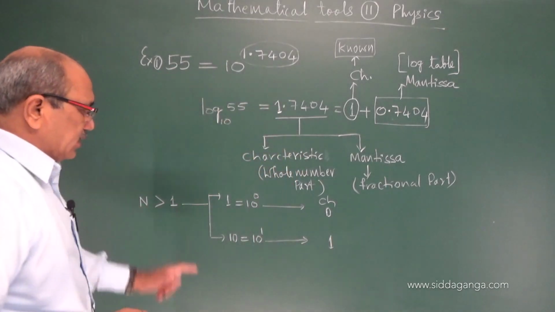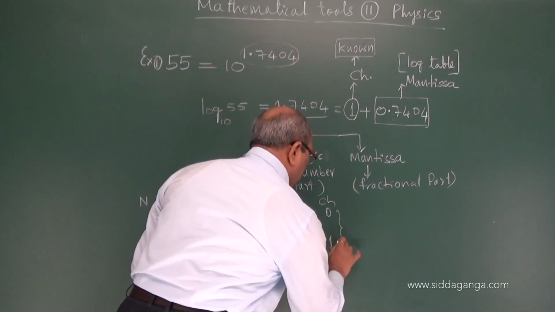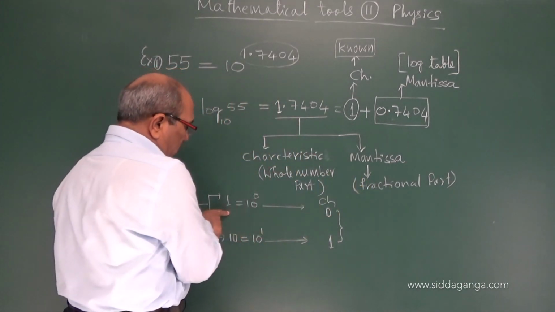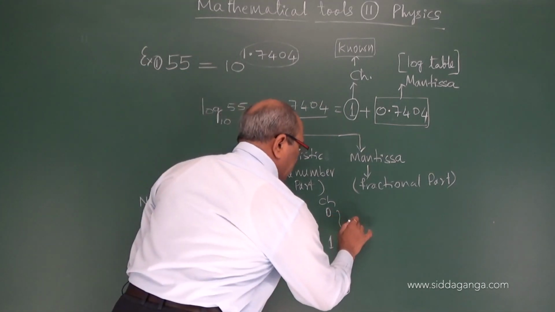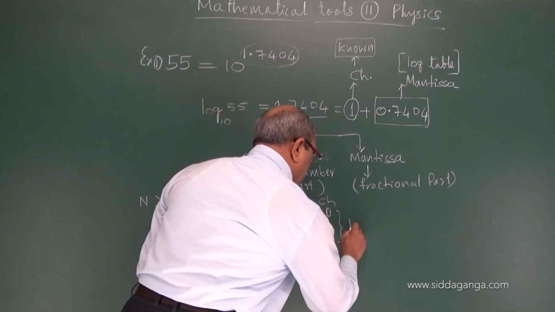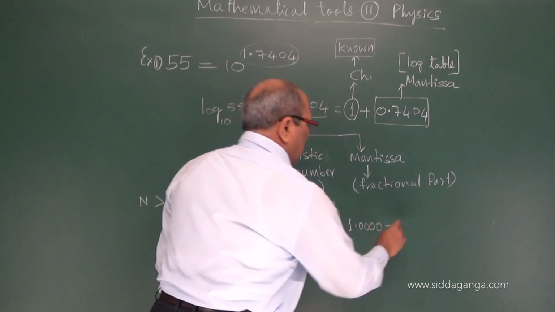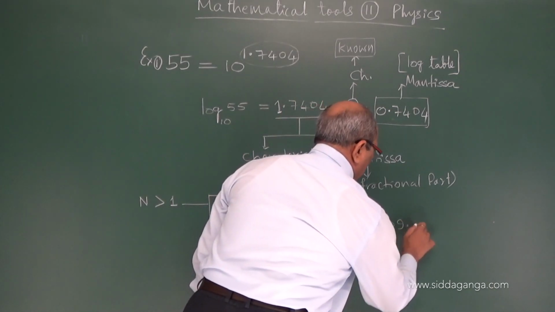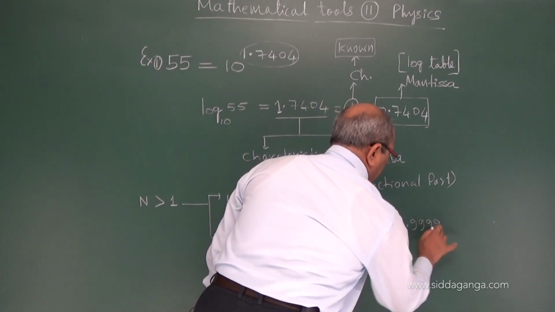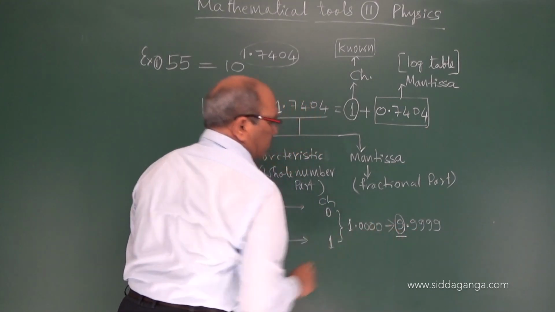So please see here, between 1 and 10 any numbers may be present, ranging from 1.0002 up to 9.9999.